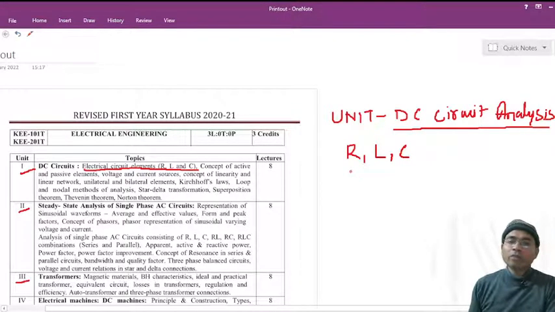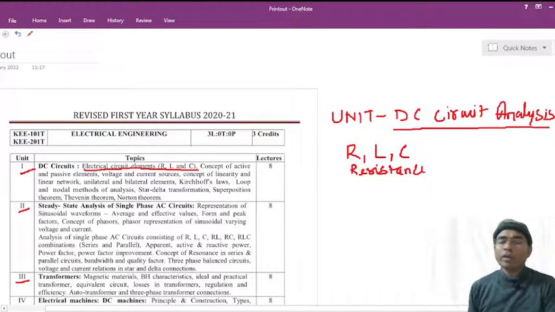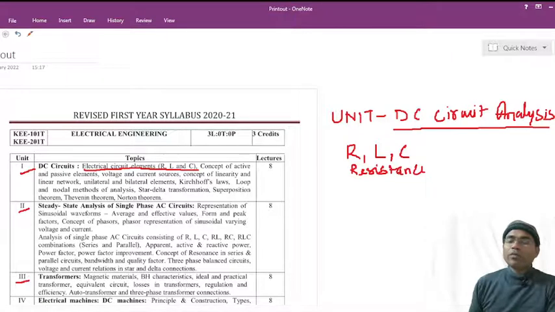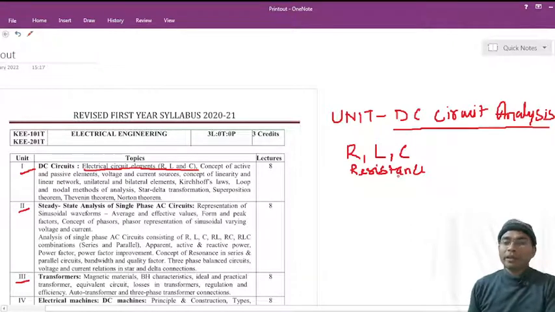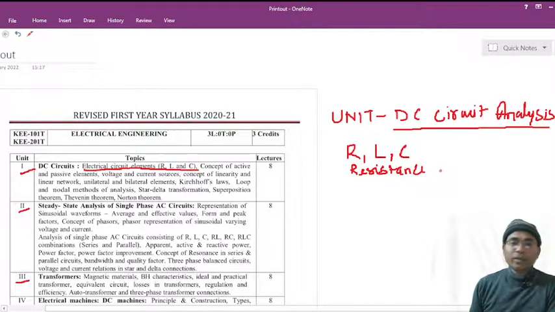You must have knowledge about resistance, inductance, and capacitance if you belong to electrical engineering or electronics engineering. These are also inherent properties of the material.